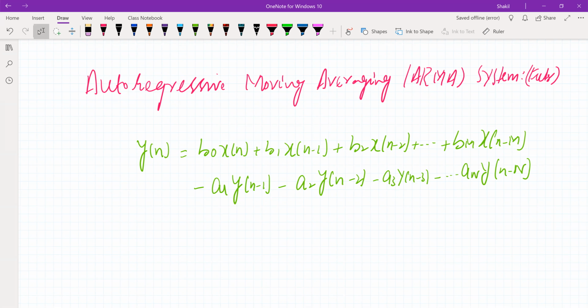And why? What is the meaning of this moving? Because the output depends upon the present and the past inputs as well. That's why the moving term comes from this. And the averaging term comes because of these outputs.